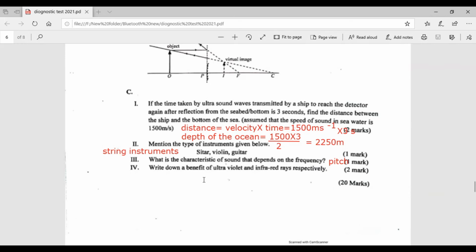Write down a benefit of ultraviolet and infrared respectively. Ultraviolet benefit, I'll write down here: to kill germs.